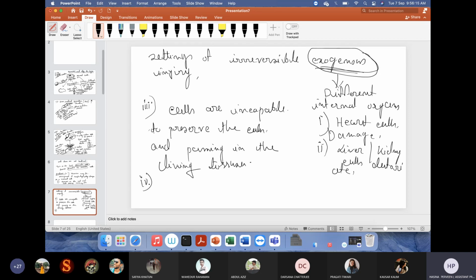And another feature of necrotic cells is the morphological appearance of necrotic cells as a result.